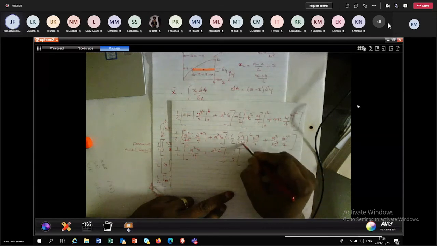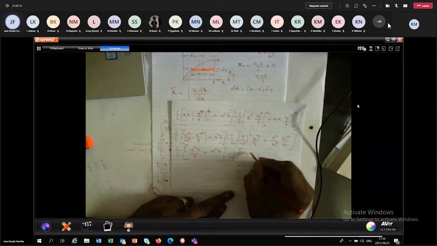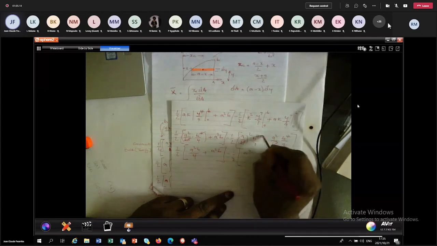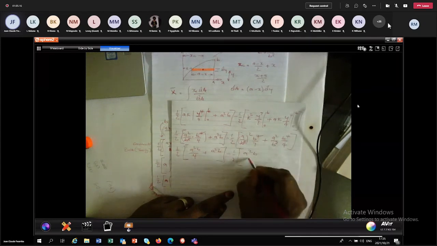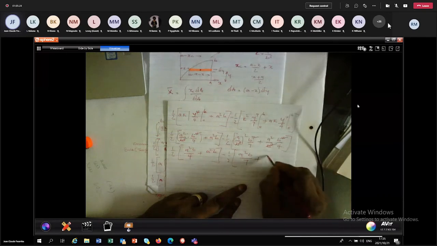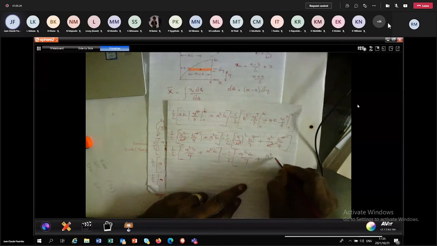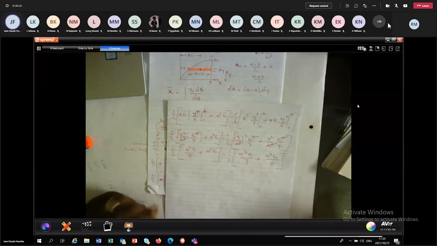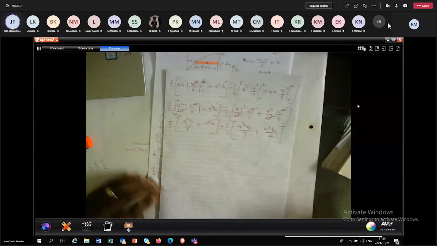This will be a squared times 1 b over 7, plus a squared b over 4. Are we on the same page there?